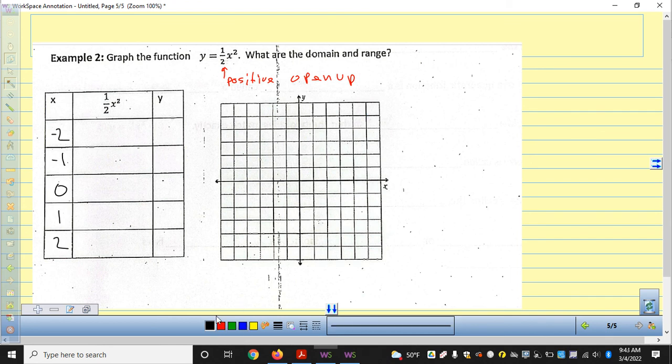To make our table of values, we'll plug in -2 here: 1/2 times -2 squared. -2 squared is -2 times -2, which is +4, and 1/2 of 4 is 2. So we're going to have one point at -2, 2.